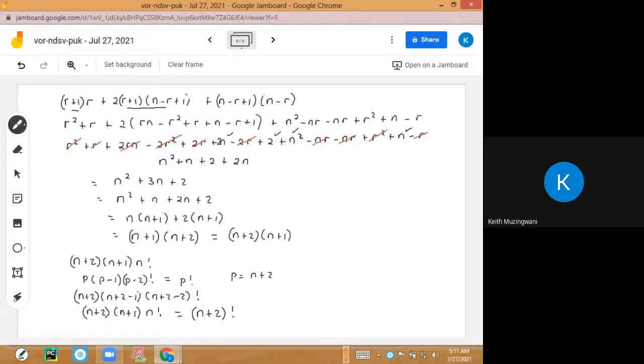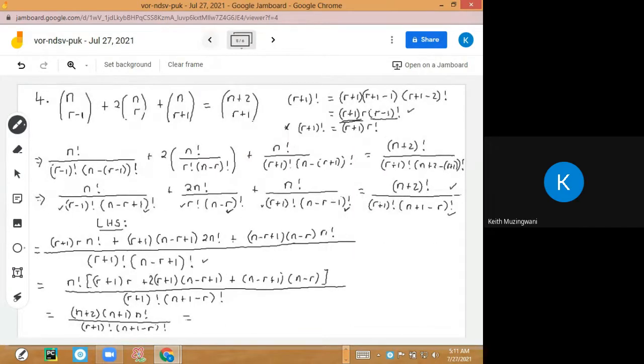So let's go back where we have n plus 2, n plus 1, n factorial. This is just the same as n plus 2 factorial over r plus 1 factorial n plus 1 minus r factorial.